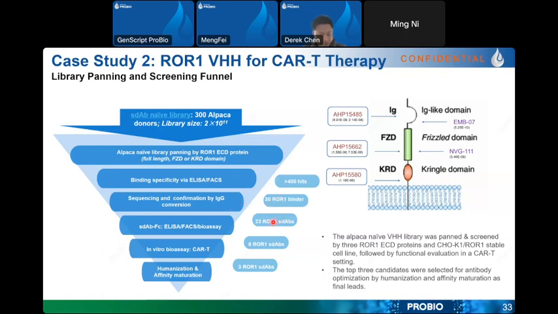Then the top 23 candidates were selected for further affinity characterization, followed by CAR-T functional validations with 8 selected candidates based on the sequence cluster. Finally, 3 top binders were carried forward with humanization and affinity maturation.